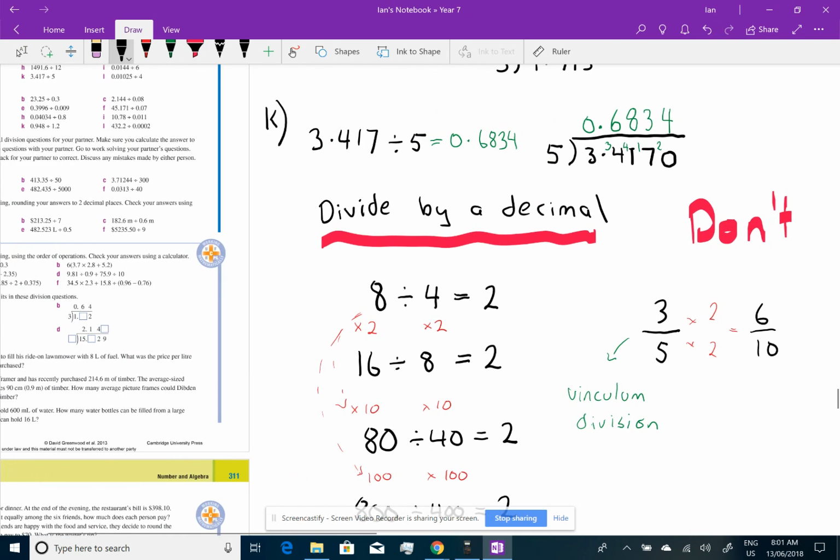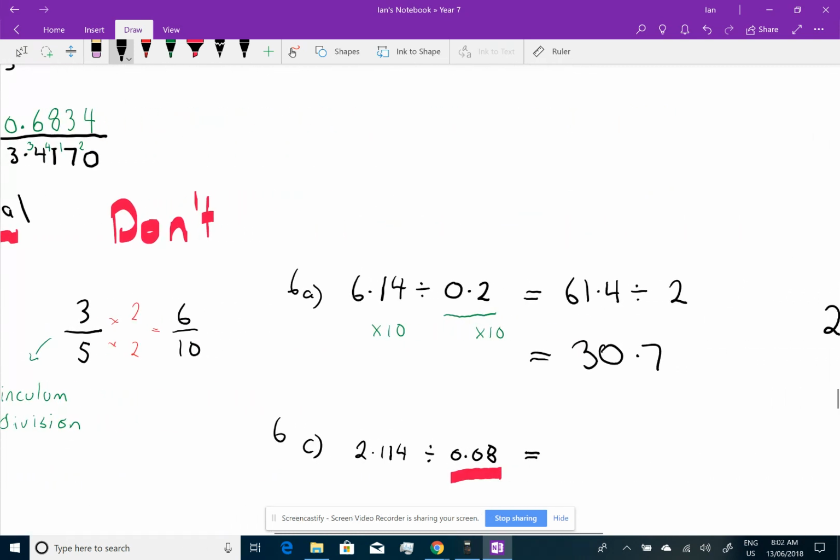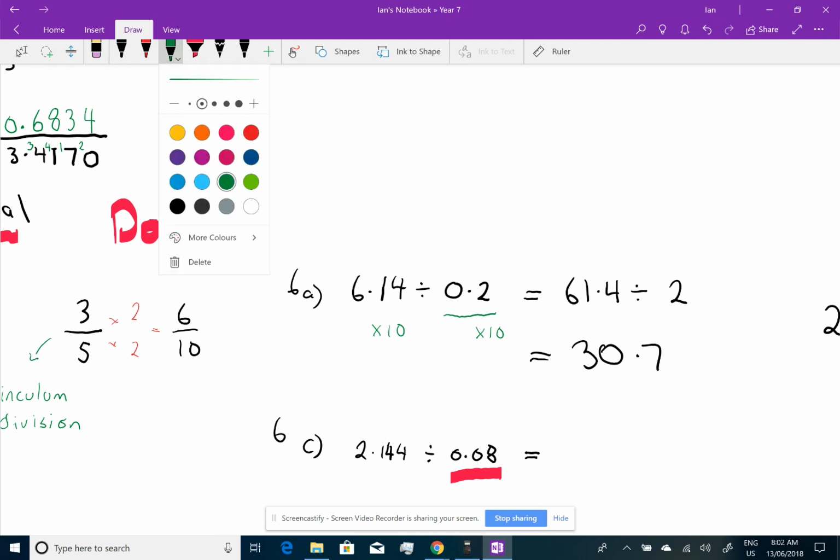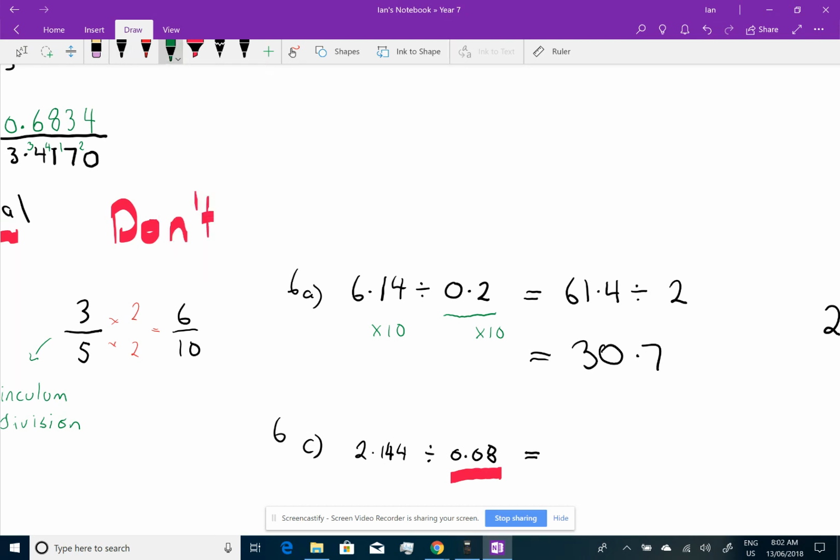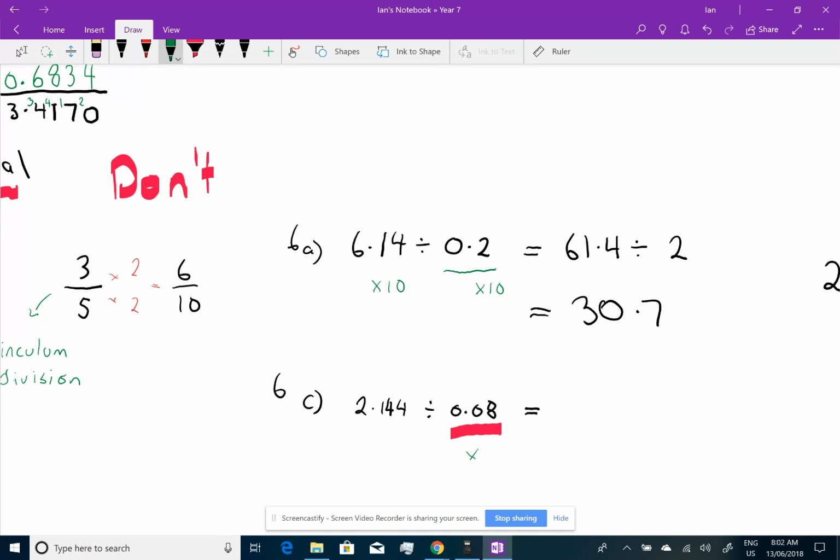If I'm looking at that number 0.08, I'm going to have to get rid of the decimal. I have to multiply that by 100 to move the decimal point, and I've got to multiply the other number by 100.